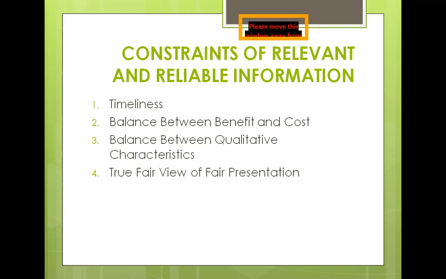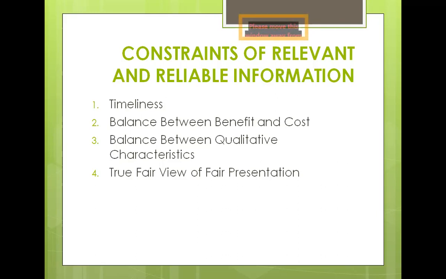And the last constraint of relevant and reliable information is the true and fair view or fair presentation. Financial statements are frequently described as showing a true and fair view of the financial position, performance, and changes in financial position of an enterprise.